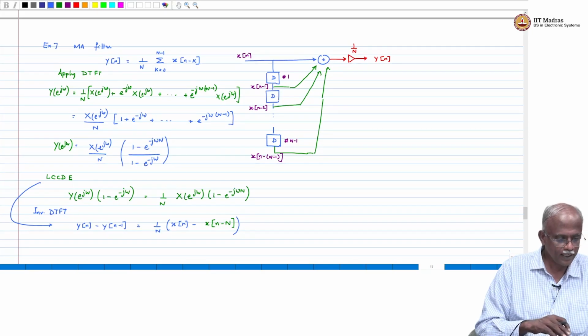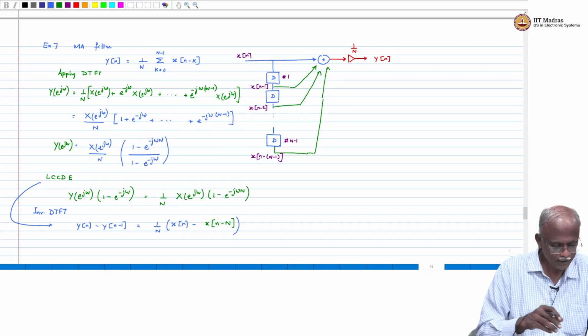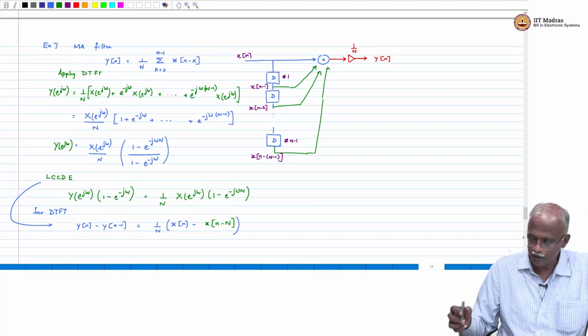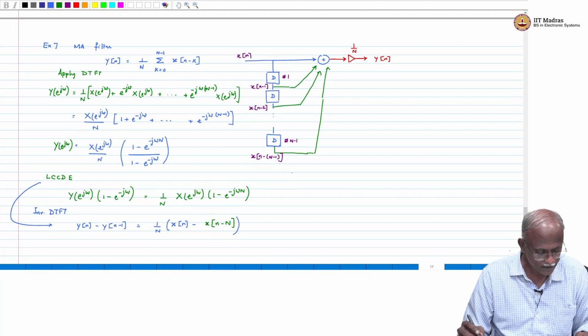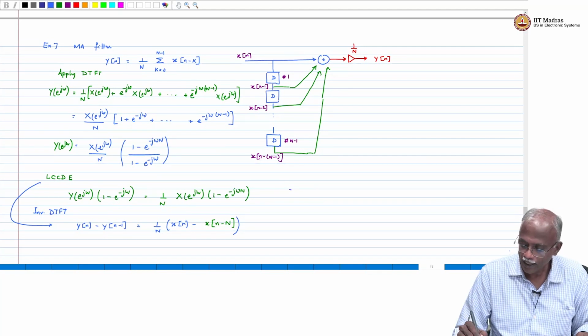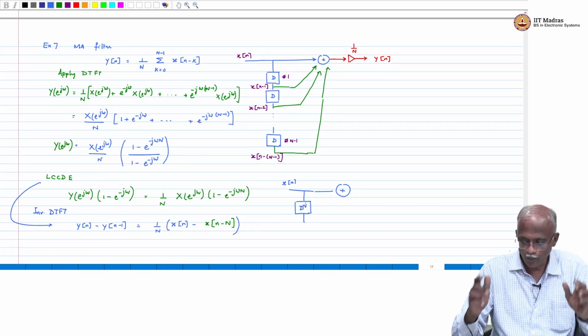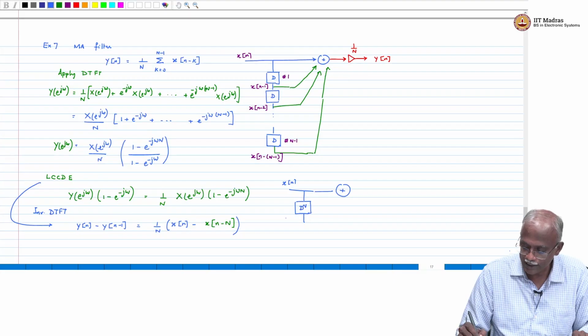So, here is a representation of that signal. Okay. So, I can now draw a structure where I have input x of n. Okay. There is a summation. I am going to pass through a block which will delay by N units of time. So, basically there is only one block. What comes out of this is x of n minus N.